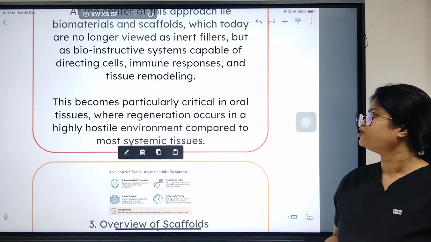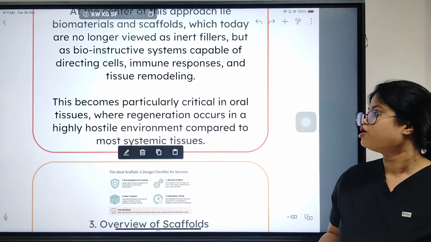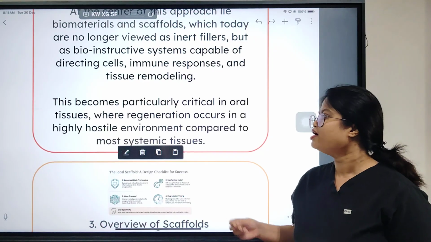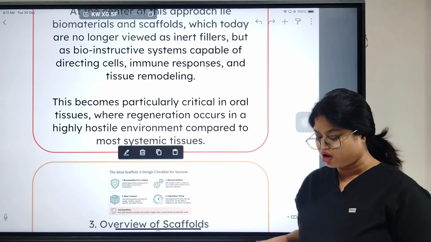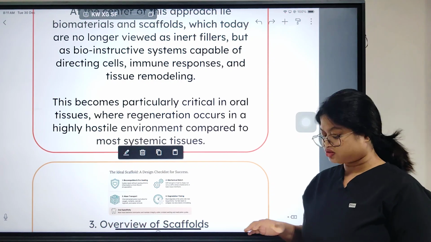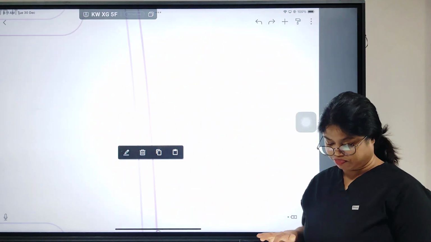This becomes particularly critical in oral tissues because regeneration occurs in a highly hostile environment compared to most systemic tissues. Our oral cavity is dynamic, and regeneration focus is laid more on this area.